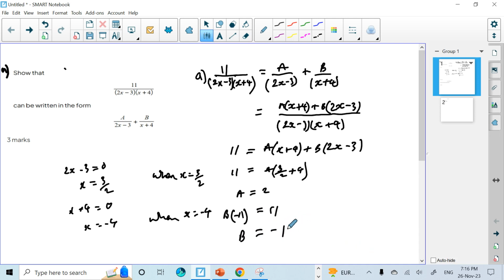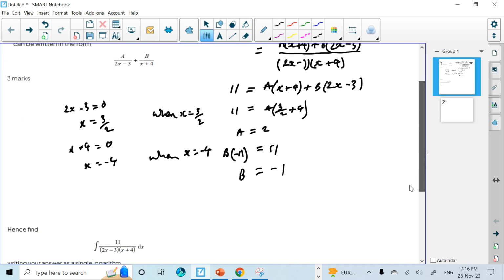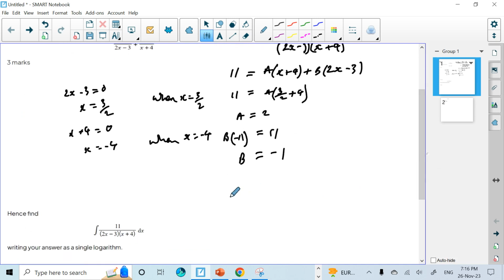You can check that after doing your algebraic manipulation.